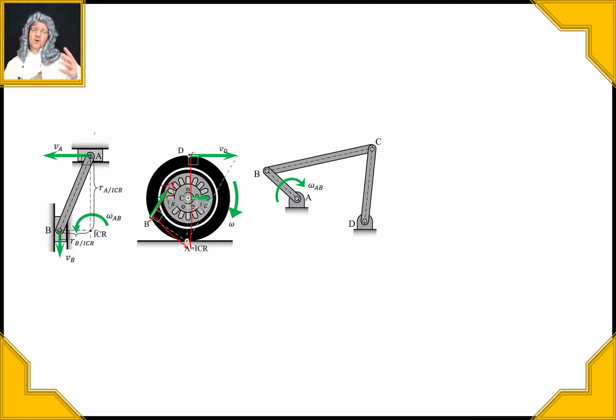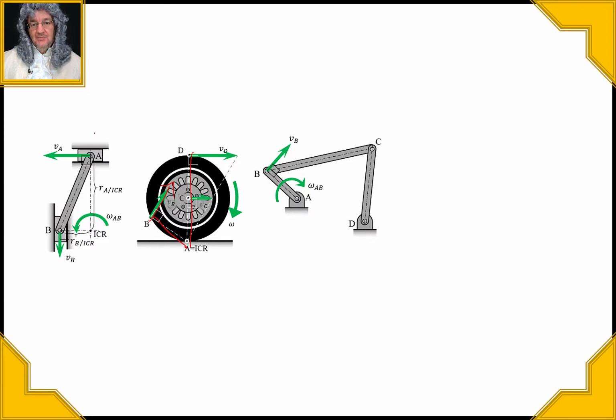This is called a 4-bar mechanism, and it's called a 4-bar because there's an imaginary bar, we call it the ground link, between A and D, right? But if you were to look at the velocity at B in link AB, you would see that it has to be perpendicular to the link itself.